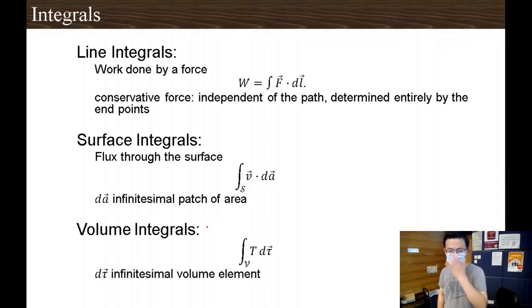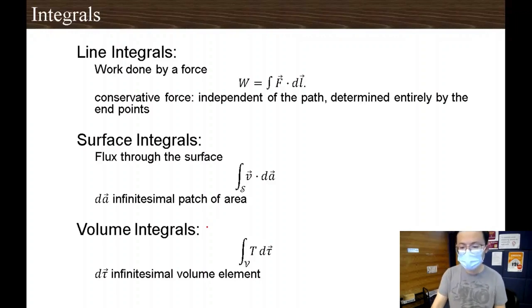So integrals are really the reverse of the differential, right? And there are three different kinds of integrals. The first is the line integral. What you are familiar with is calculating the work done by a force along a line, right?